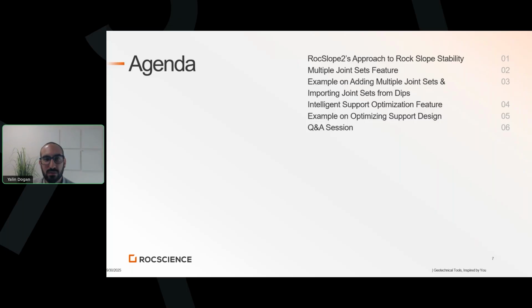After some technical information on this new feature, I'll show you a live example of how you can easily add multiple joint sets into your analysis and import joint sets and joint data from Dips. And after that, we'll explore the intelligent support optimization feature, which streamlines the process of identifying efficient and effective support solutions. Finally, we'll wrap up with another practical example on how to optimize support design in our analysis workflow.